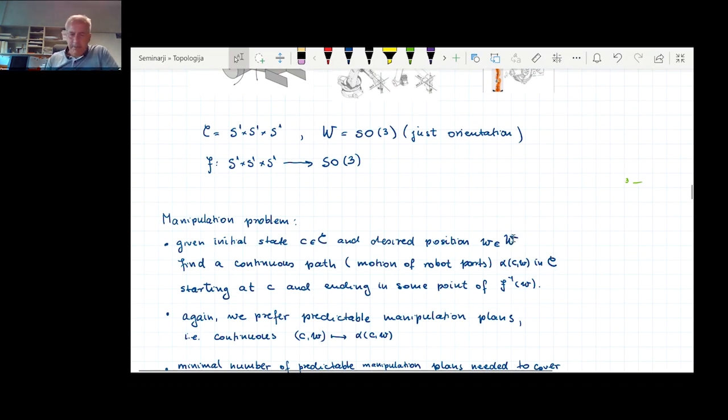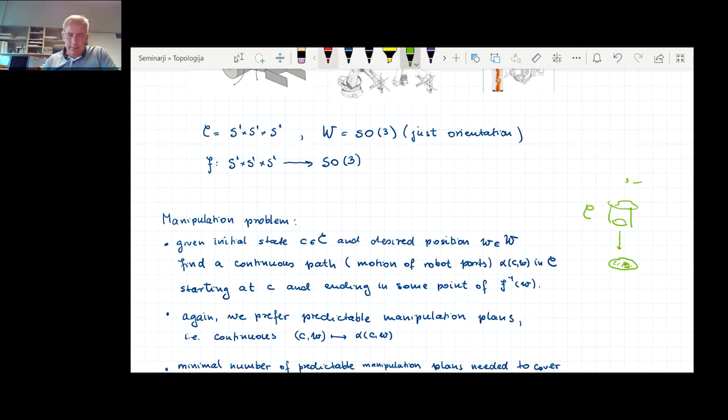If you want to picture this, the picture is like this. Your space of configurations, you can think of it as some space. This one is mapped into a workspace. Maybe there are some obstacles.